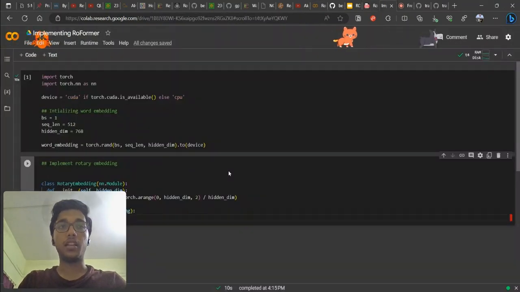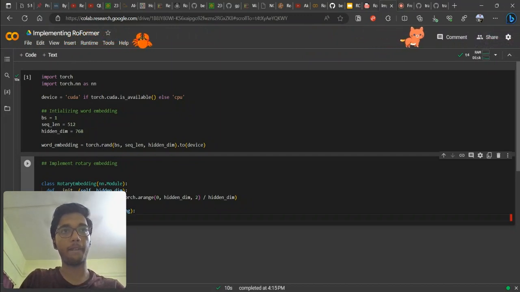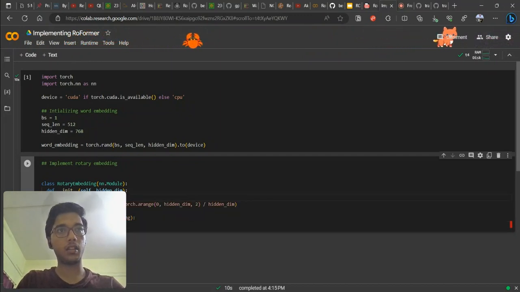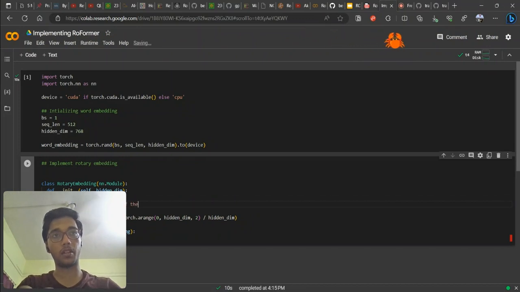So here is the thing, let's say that sequence length actually becomes... Hidden dimension is actually the int which represents the features of the word embedding, the number of features.